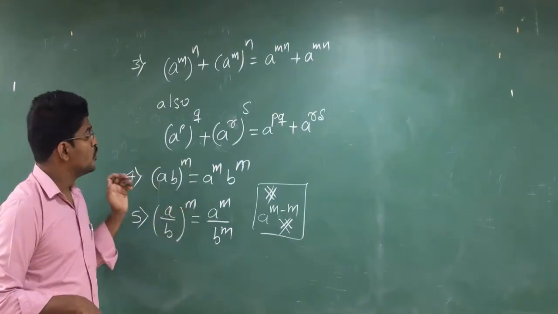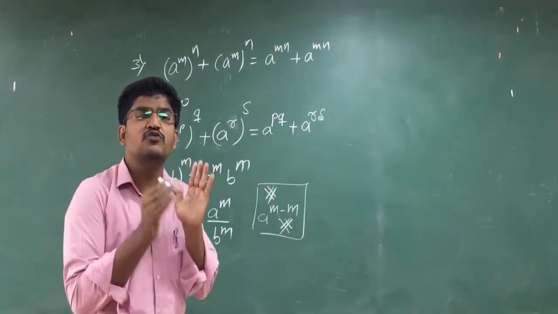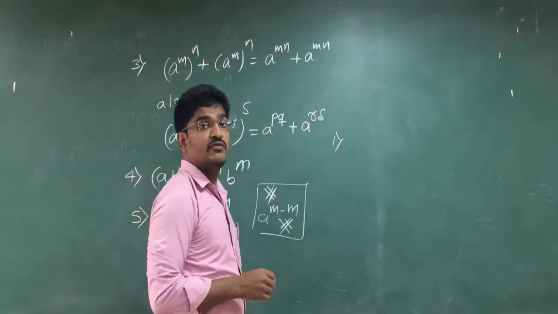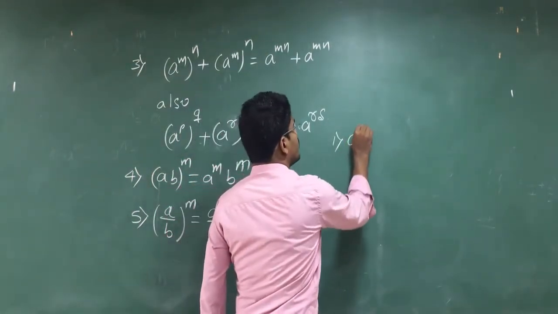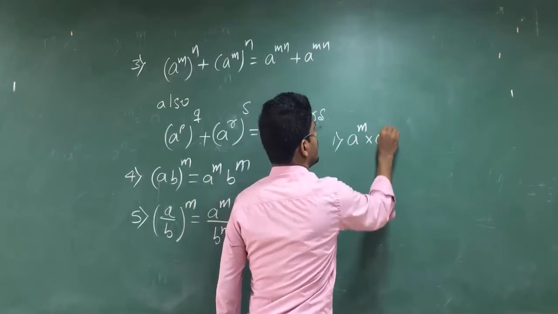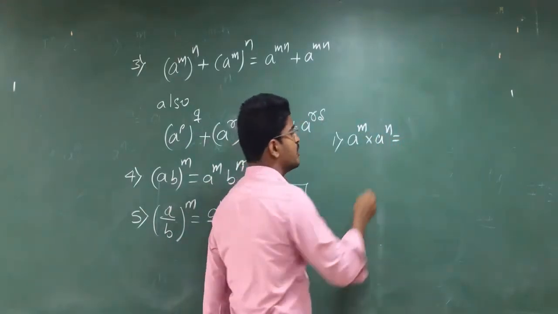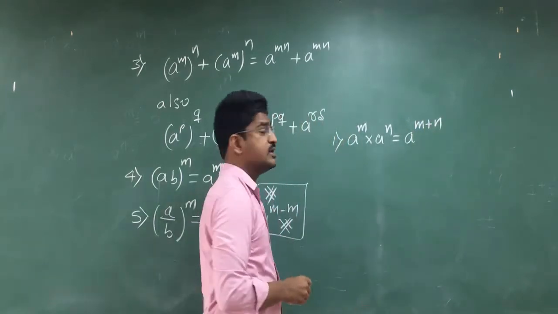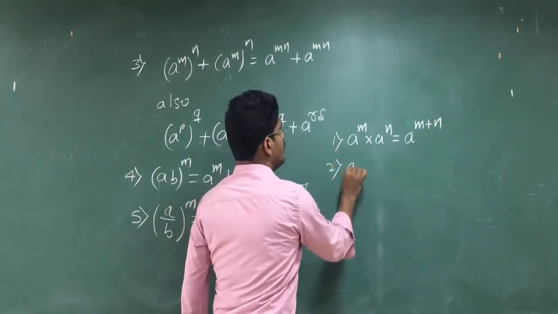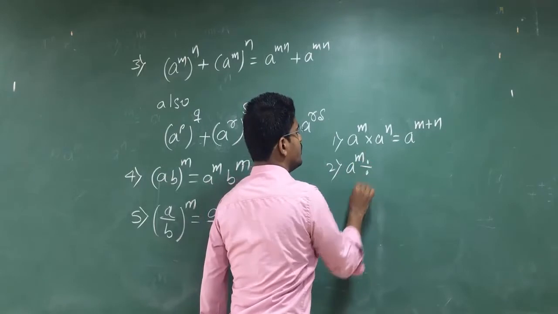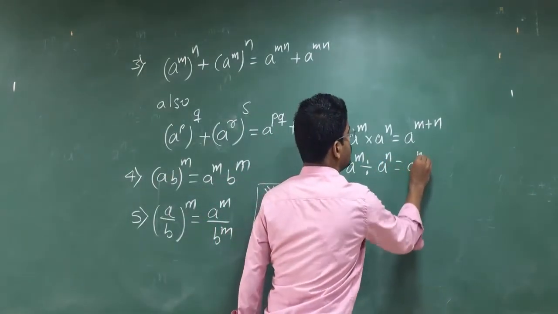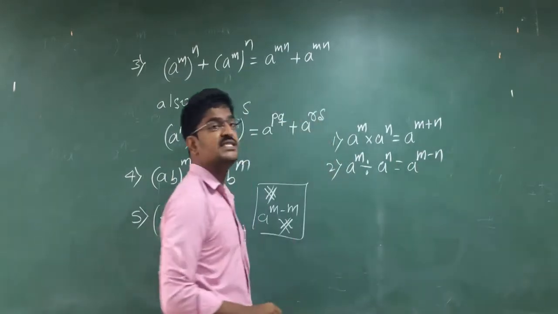Clear? So here you have totally 5 fundamental rules. First one, a^m multiplied with a^n will be equal to a^(m+n). Second one, a^m divided by a^n is equal to a^(m-n).